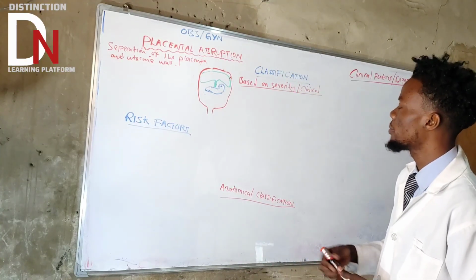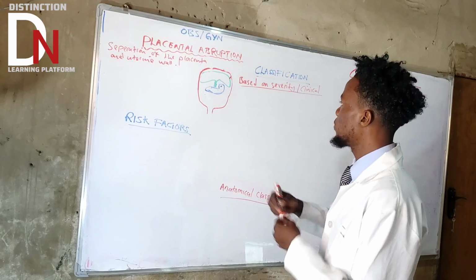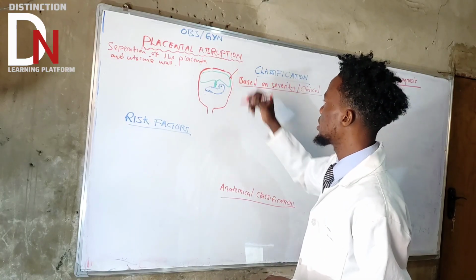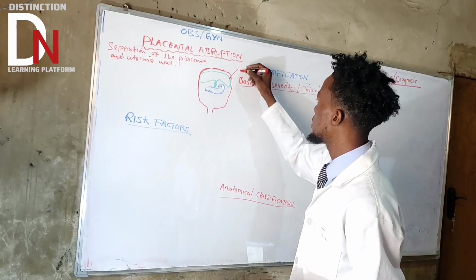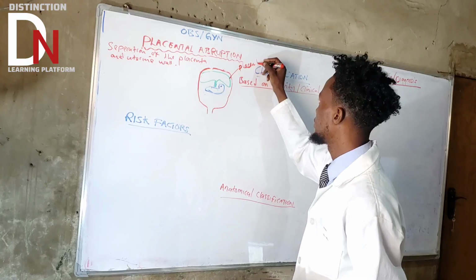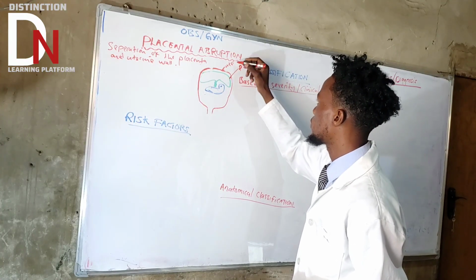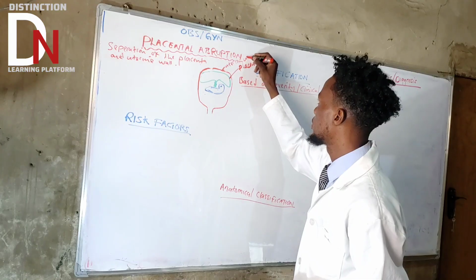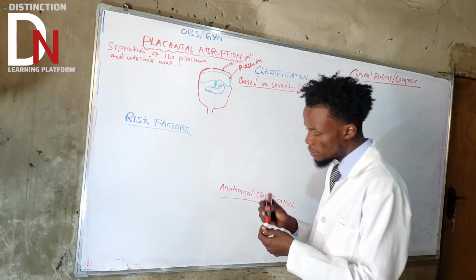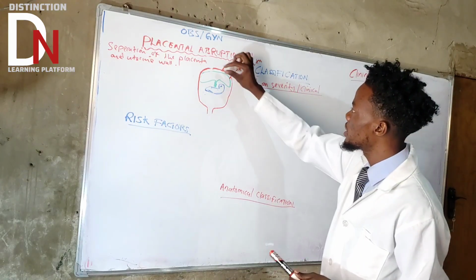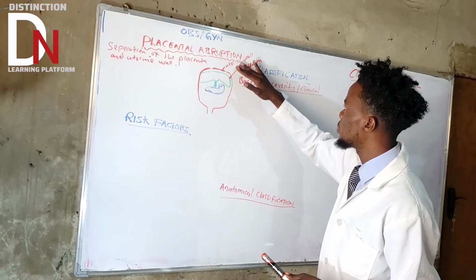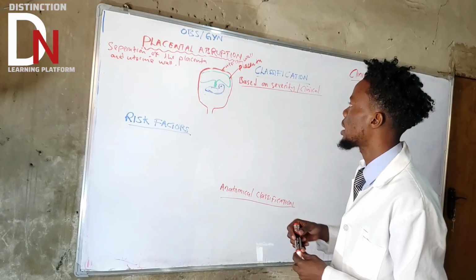If you look at this diagram, this green part is the placenta, and this is the uterus or uterine wall. Abruptio placenta happens when there is separation between the uterine wall and the placenta itself.